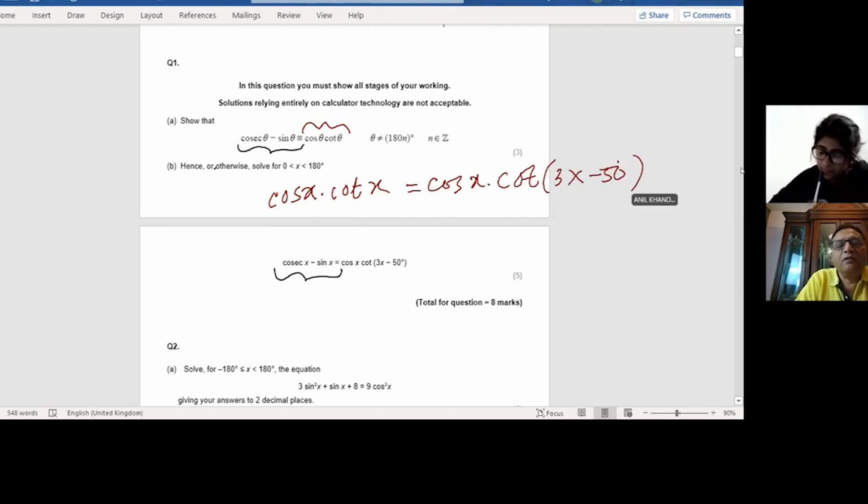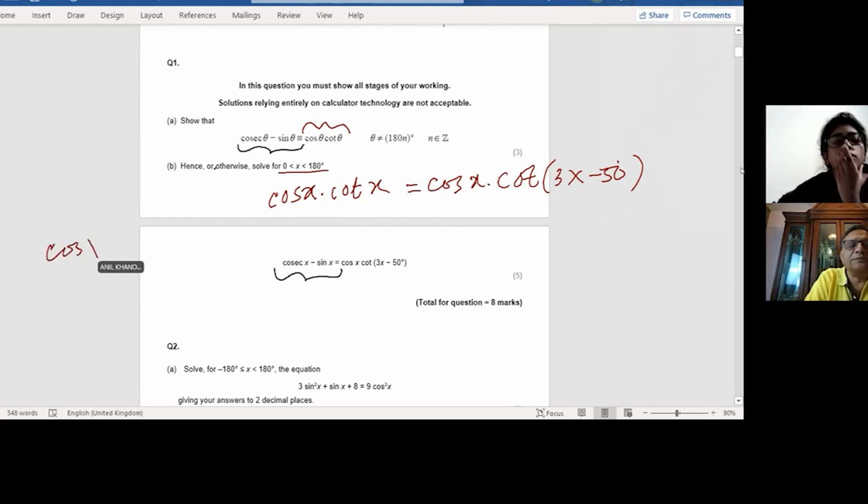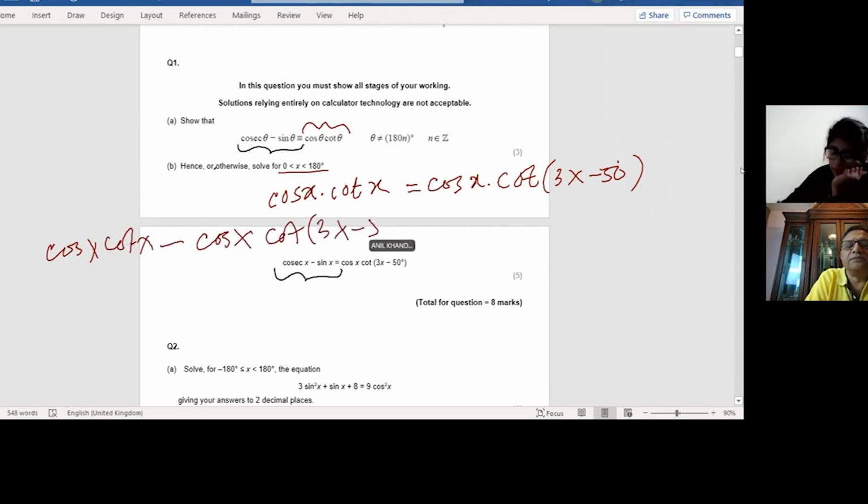We need to solve this within the domain 0 to 180 degrees, 0 is not included. Let's bring them together. If I bring it to the left-hand side, I get cos x cot x minus cos x cot of 3x minus 50 degrees equals 0. Now, you could have cancelled and written cot x equals cot of 3x minus 50, and x equals 3x minus 50.